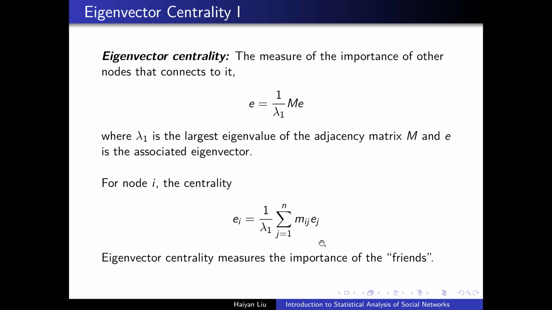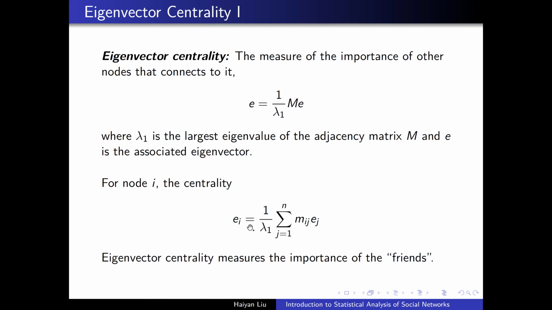So the eigenvector centrality of node i is the summation of the centralities of their friends.